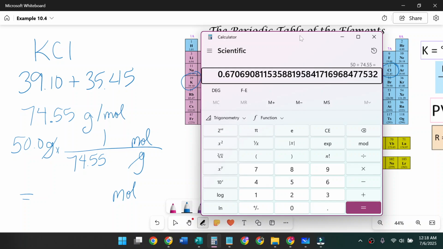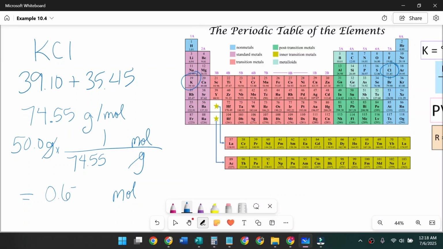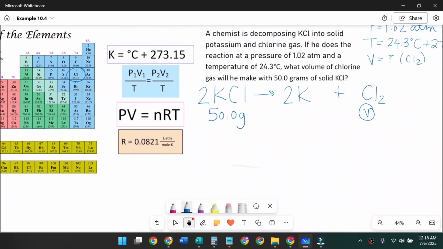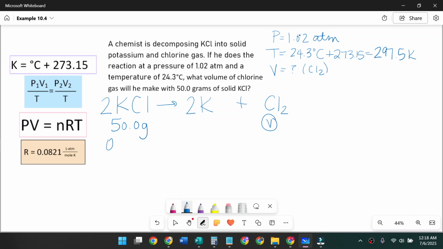So we're going to round this to only 3 significant figures, so 0.671. So that's how many moles that we have. So let's go back over here and record that. So 0.671. So that gives us another number.